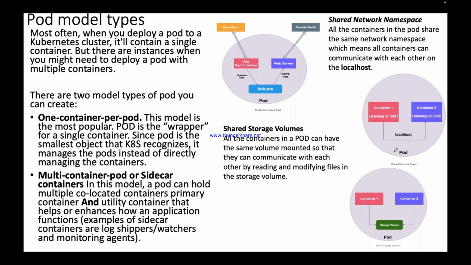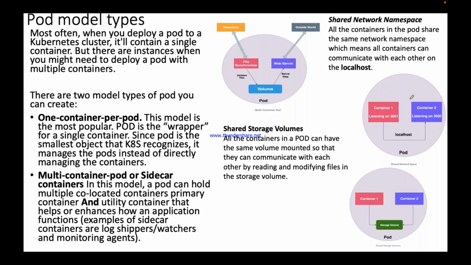If this container wants to communicate with the other one, can they use localhost 3001? Yes. All these questions will come in the interview. Very, very important. How do containers in the same pod communicate with each other? Since all the containers running in the same pod share the same network space, they can use localhost.